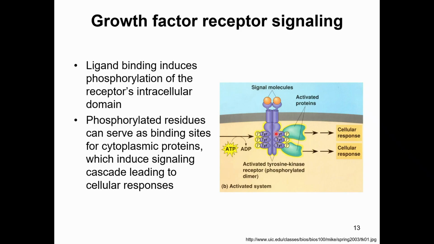So that phosphorylation site creates a docking site for other proteins, and then these are basically the first non-receptor components. These activated proteins are the first non-receptor components that then go on and participate in a cell signaling pathway, okay? And so the phosphorylation is a little switch that allows the activated proteins to associate, and then they themselves become active. And then, you know, these arrows indicate a lot of stuff happens downstream from there.